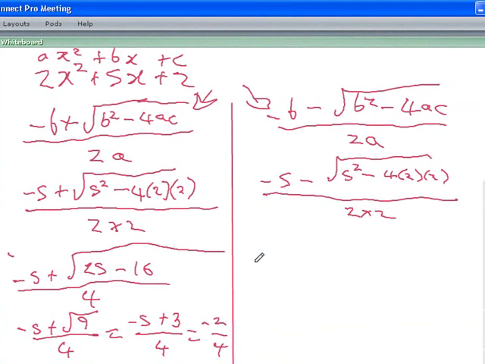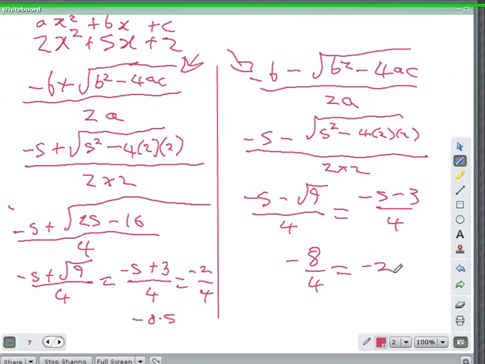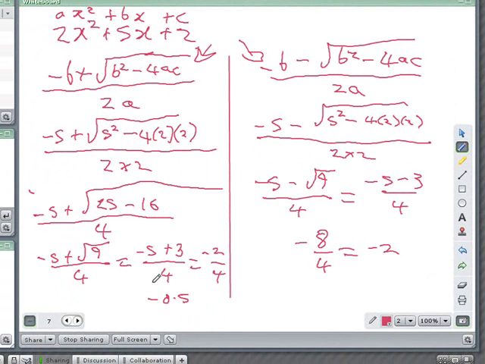So that's minus 5 minus the square root of 9 all over 4. So that's going to be minus 5 minus 3 divided by 4, which is minus 8 divided by 4, which is minus 2. And so what that tells us, they're the two roots, minus 0.5 and minus 2.